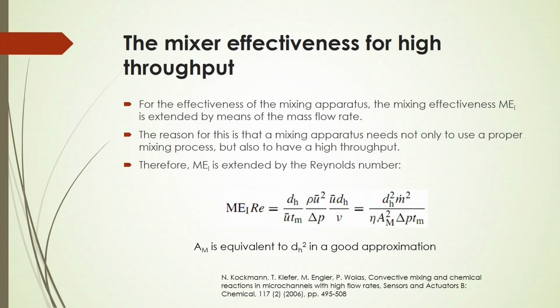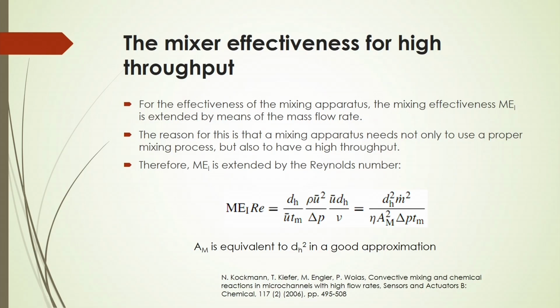Also, for high throughput devices, how do we calculate the mixer effectiveness? In this case, the mixing effectiveness for that particular mixer can be extended by the Reynolds number, as per this Me1 times Re, which will be regarded as Me2. It is calculated by this equation, as shown here in the slides.